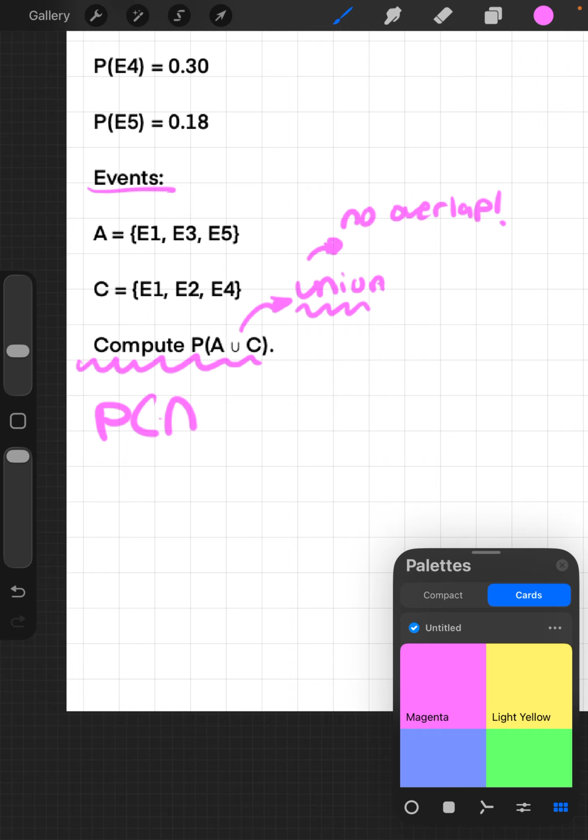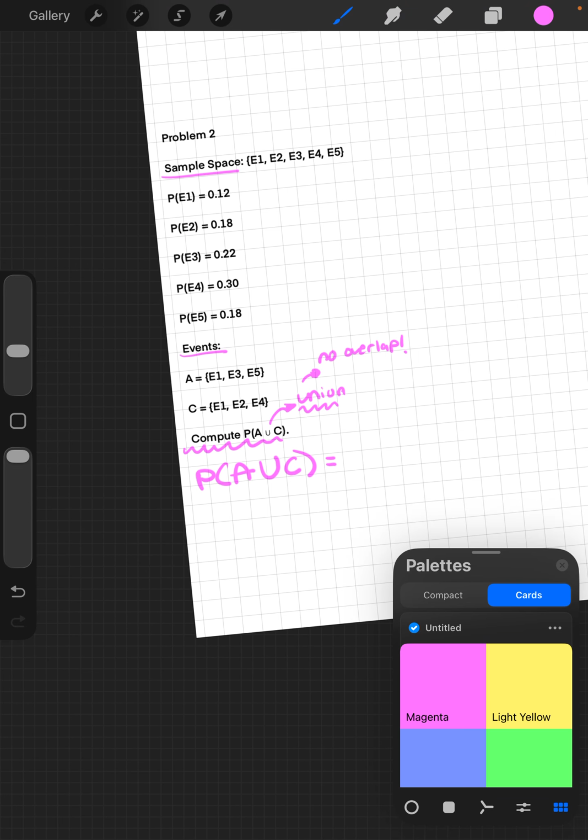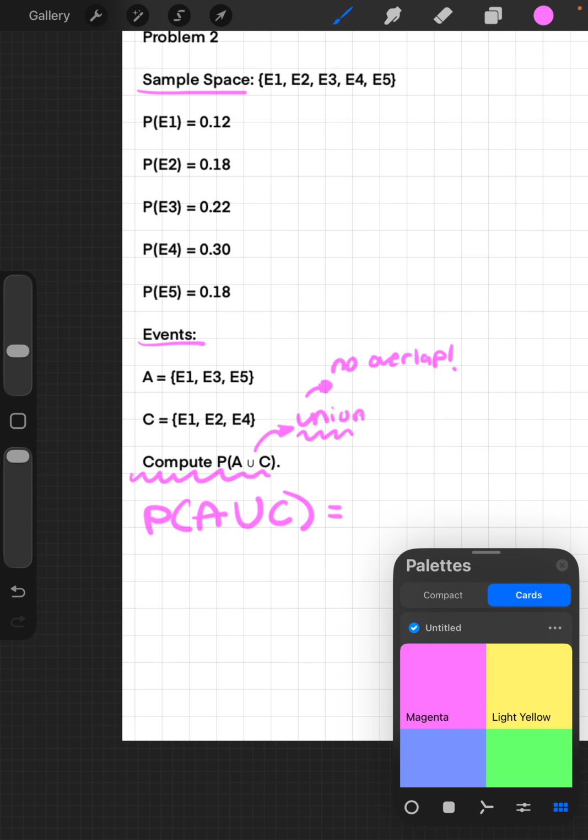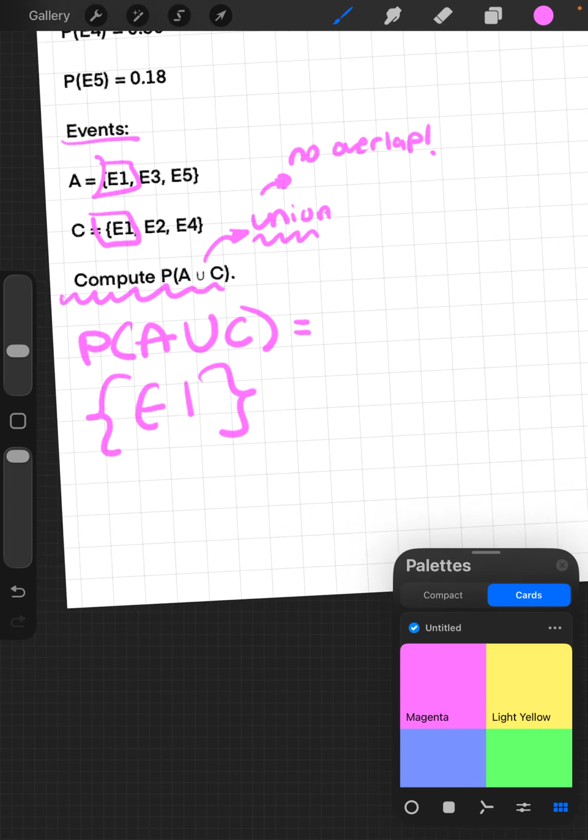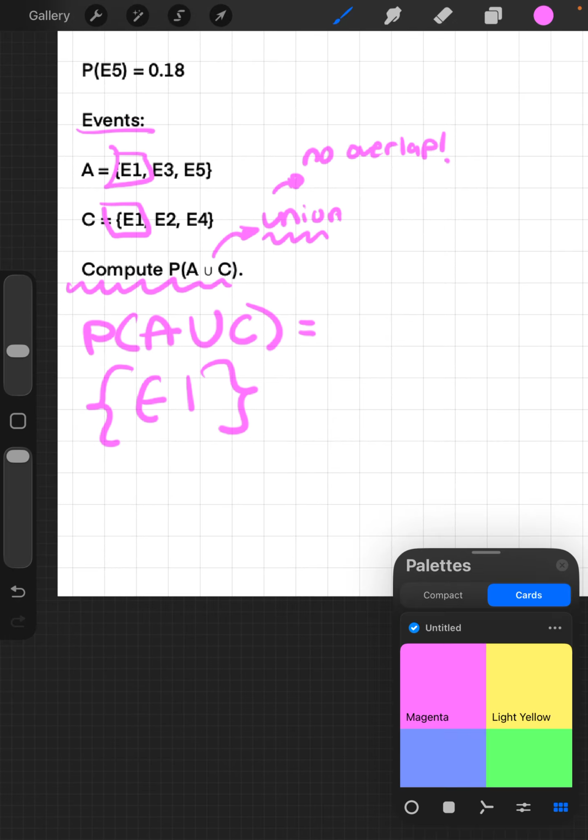Our P of A union C is equal to, okay, I'm going to see what they have, and I see this one, E1. For E1, we can use the formula. I'm going to write out the formula so it's not confusing.